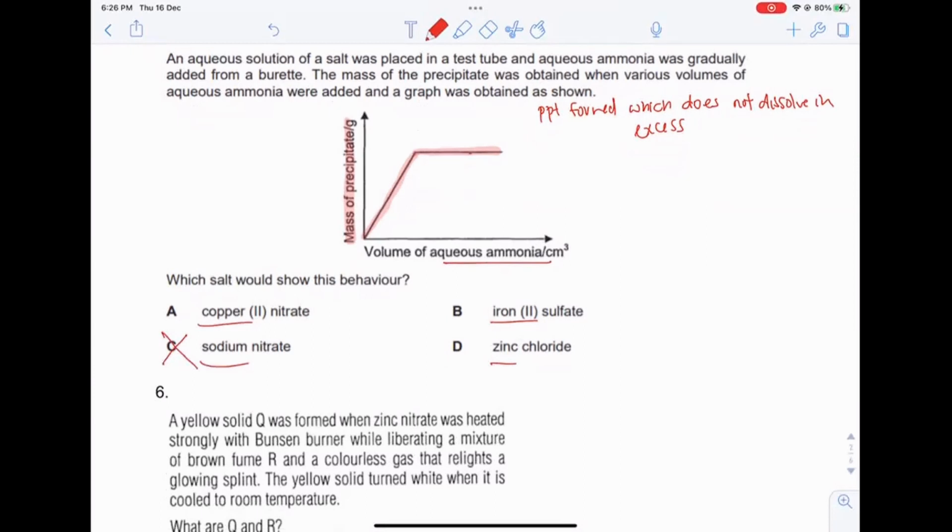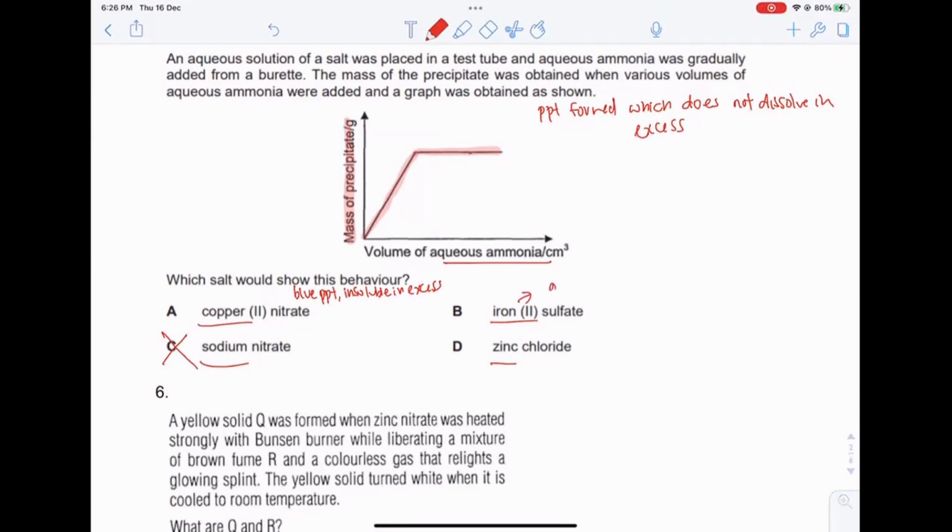Copper 2 nitrate. So this one, what will happen? It will form a blue precipitate, correct? Blue precipitate, which is insoluble in excess. So possible because it does not dissolve in excess. But let's look at the others. Iron 2 sulfate.